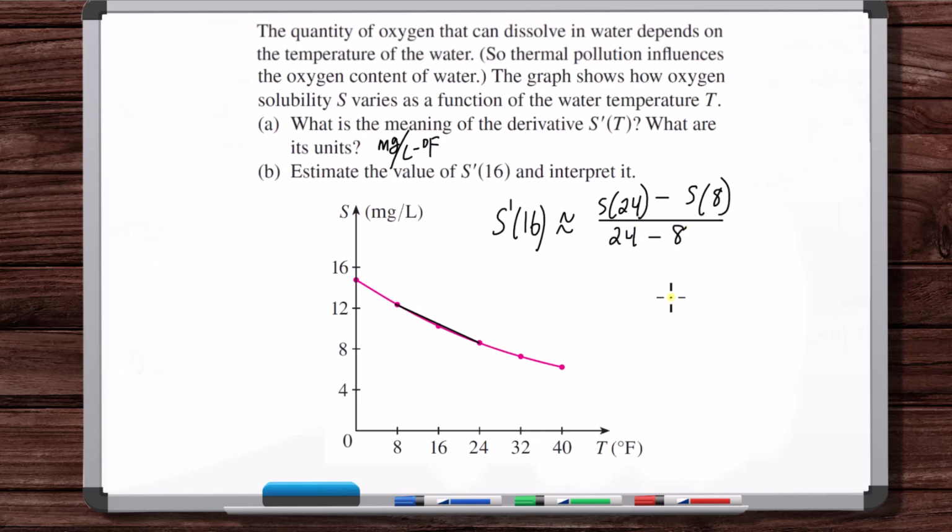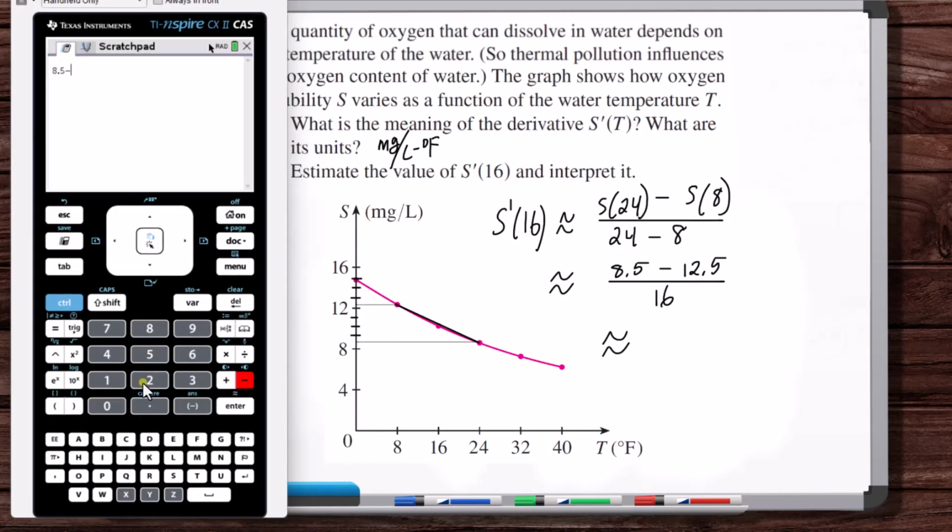So we're saying that S prime of 16 is approximately equal to S of 24 minus S of 8 over 24 minus 8. Looking at the graph, S of 24 is 8.5 and S of 8 is about 12.5, all over 16. 8.5 minus 12.5 is minus 4.